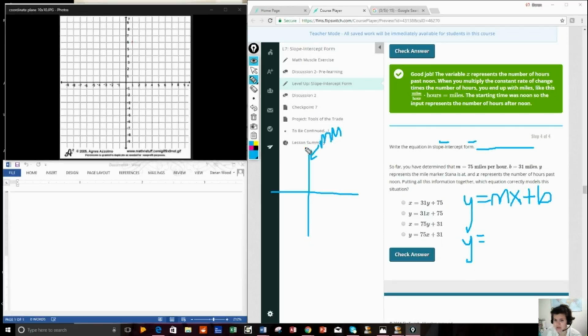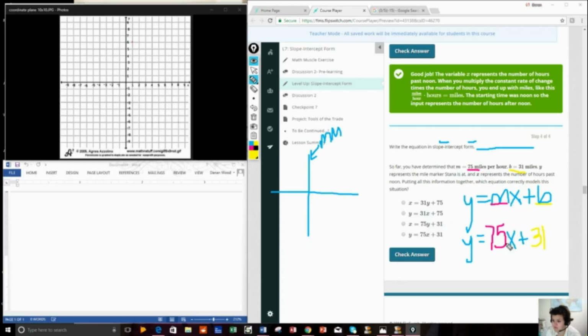Y equals, our m was 75, so wherever m was, I'm writing 75. I did not have a value for x, so that is going to stay as x plus. Did I have a value for b? Yes, 31. So I'm going to replace b with 31.